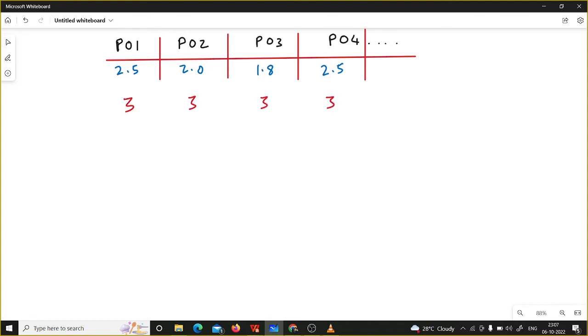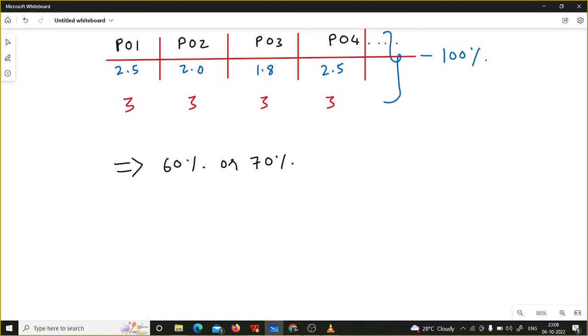Now ideally speaking, 3 should be the 100%. 3 is the 100% target that we should achieve. But as per our calculation, as per our mapping of the subjects from first year to the final year, 3 is not our 100%. Our 100% for PO1 is 2.5, for PO2 it is 2.0, likewise for PO3 and PO4.